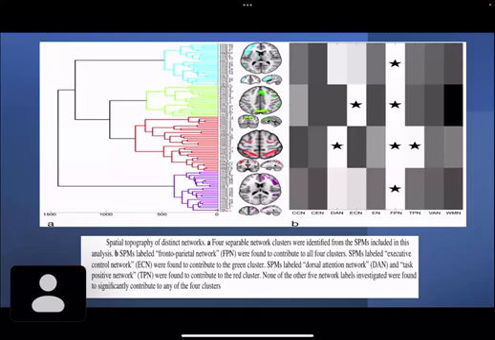So these 4 separable network clusters are there which control the executive network. So it is a combination of frontoparietal network, executive control network, dorsal attentional network, and task positive network.